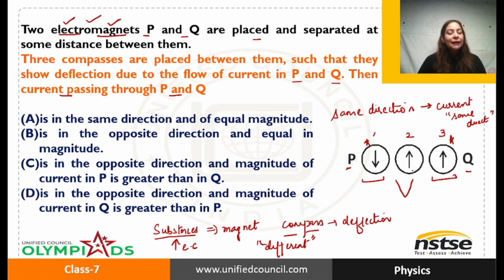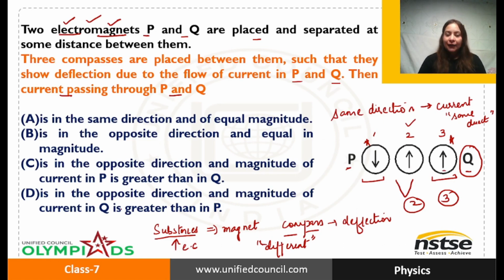You can see that this compass is also showing deflection, similar to the deflection shown by compass 3. Compass needles 2 and 3 are showing similar deflection, which indicates that Q has a high magnitude of magnetic field, which is forcing compass needle 2 to show the same deflection as shown by compass 3.